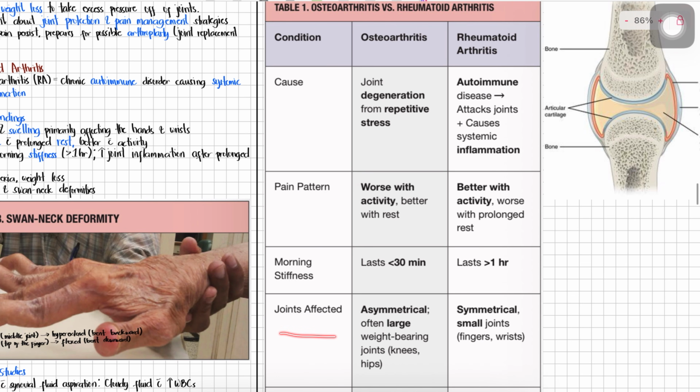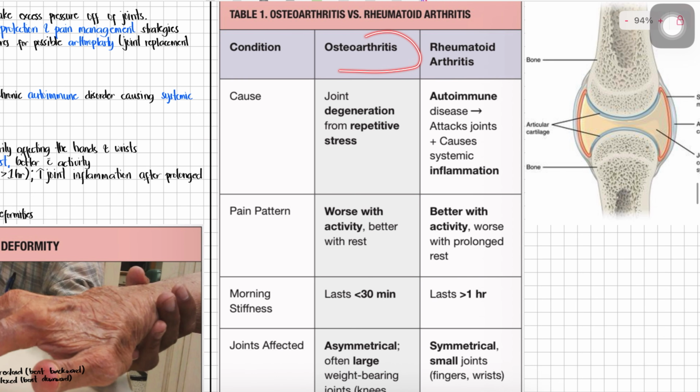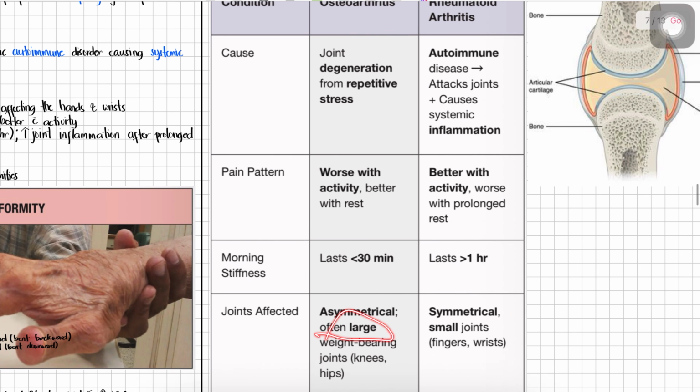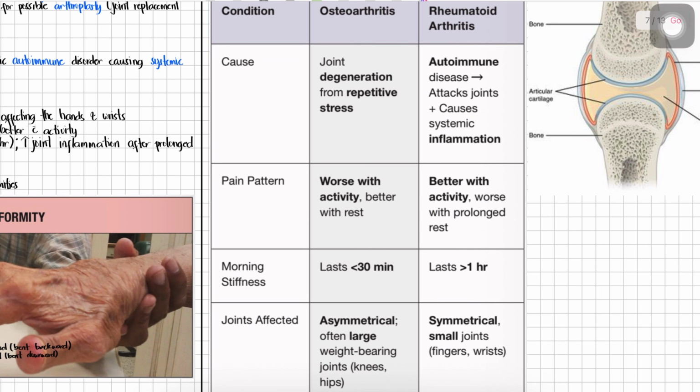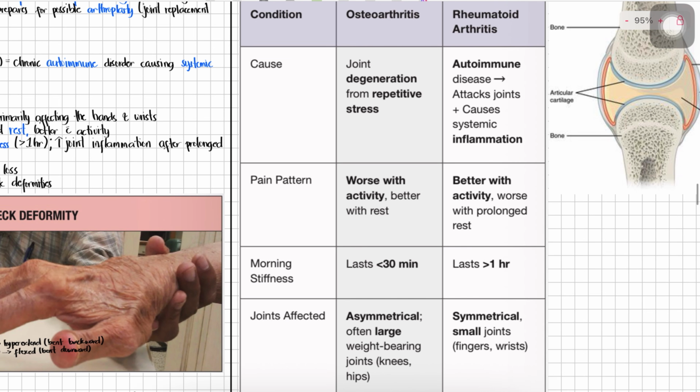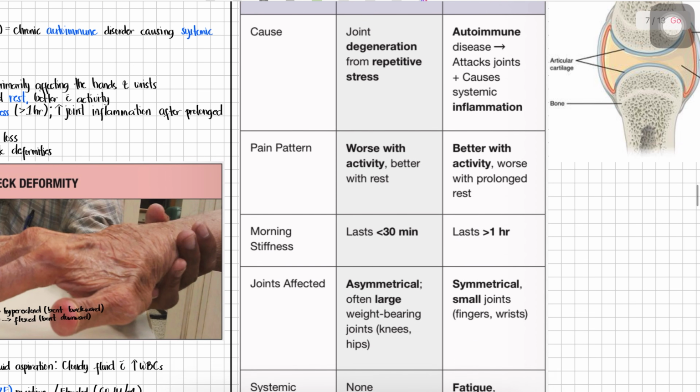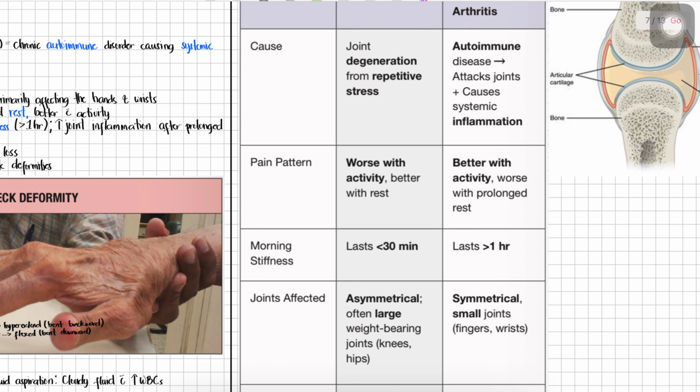Okay? So the joints affected naman, in terms of your osteoarthritis, is asymmetrical, meaning, guys, isang side lang ng katawan mo yung affected. Okay? Often the large weight-bearing joints such as your knees and hips, okay? While kay rheumatoid arthritis, symmetrical siya, meaning, for example, affected yung isang side, nagiging affected din yung isang part ng katawan mo, and it affects the small joints, okay, such as your fingers and wrists, okay?